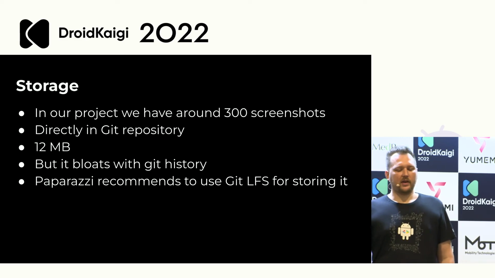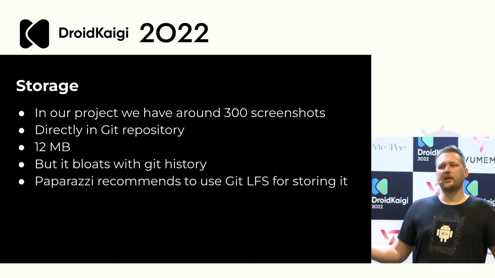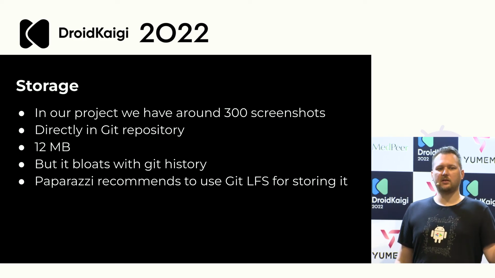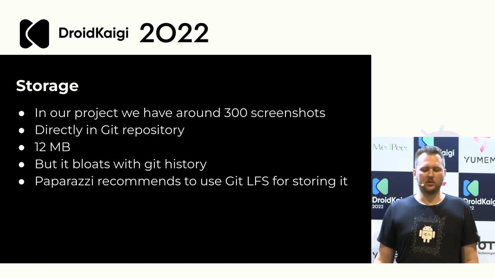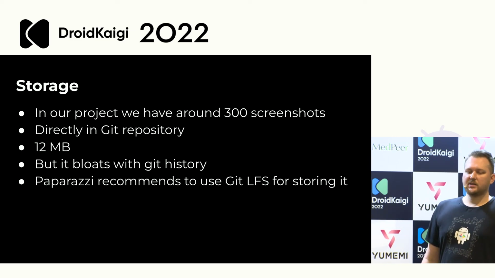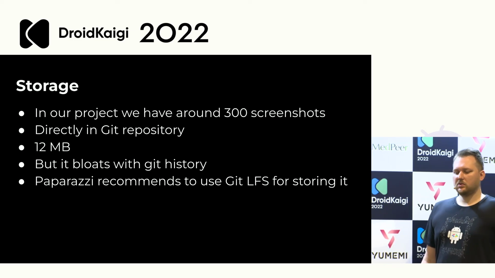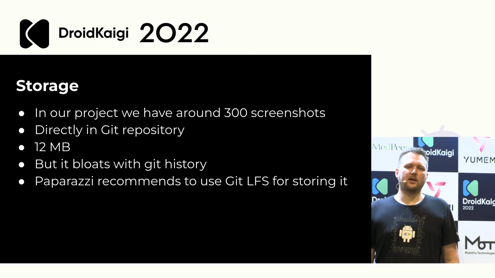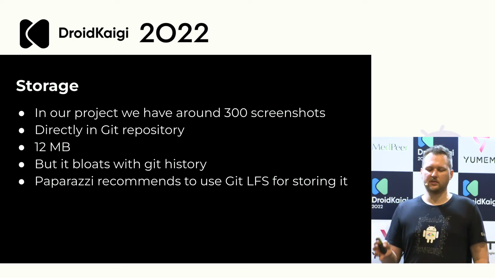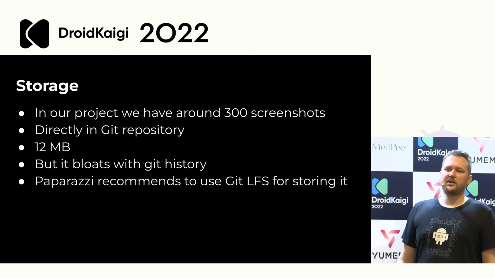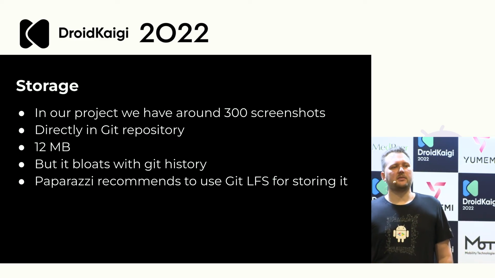It's okay for a while, but it can bloat over time because Git remembers all the previous screenshots. So the Paparazzi library actually recommends to use Git Large File Storage. It's a system of Git made for saving binary data like these screenshots, and it can help. In the Paparazzi README, there is how to set it up.